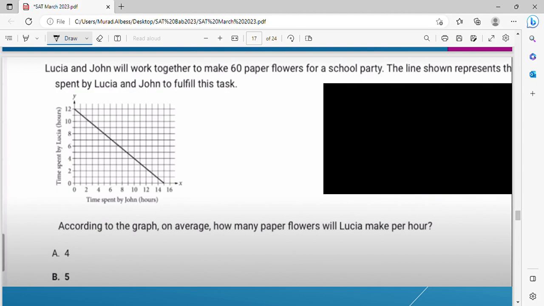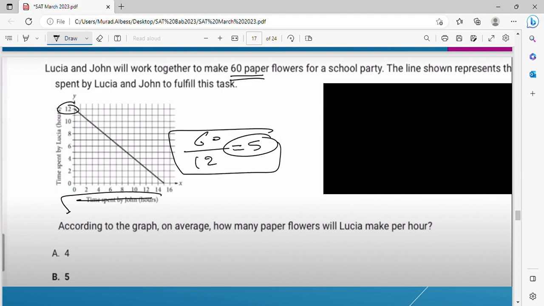Look, if I cancel John and take Lucia alone, there are 60 paper flowers, and she spent 12 hours. So it's 5. The answer is 5.